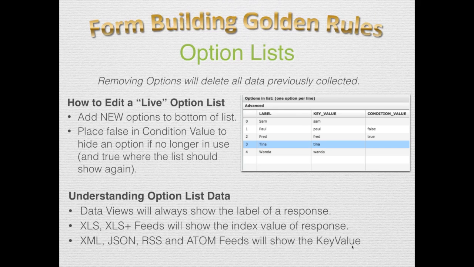But what I want to point out here is if you want to remove one of these options, you don't want to delete it because it will change the index value. So in the condition value for that field that you'd want to remove, you can just place false, and that will hide that. And underneath the field that you just removed and the ones that you want to continue to show, all you do is type in true.